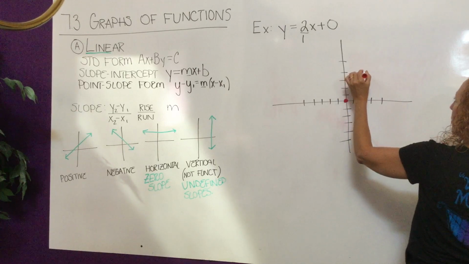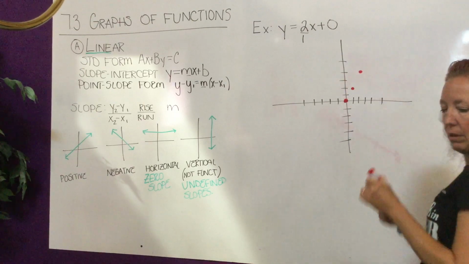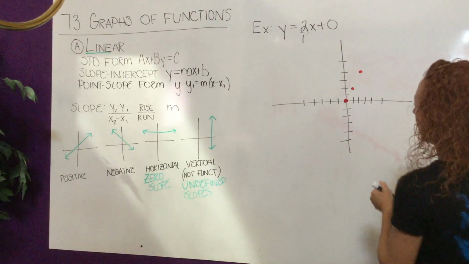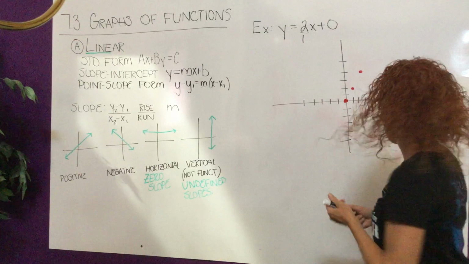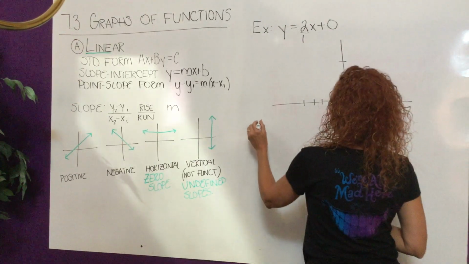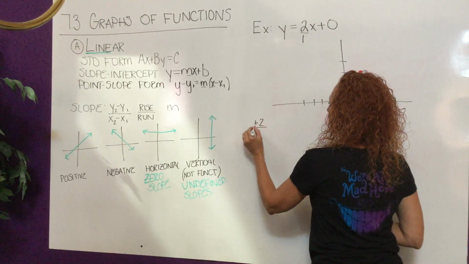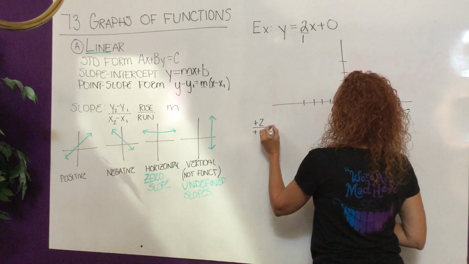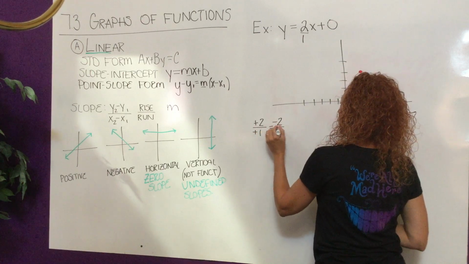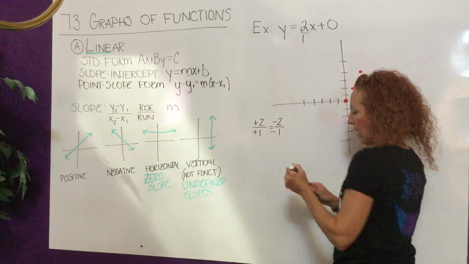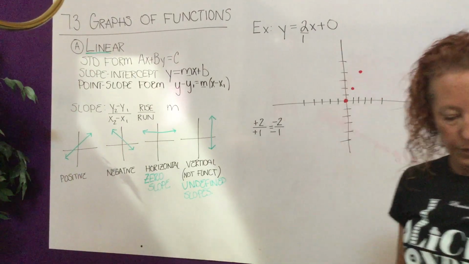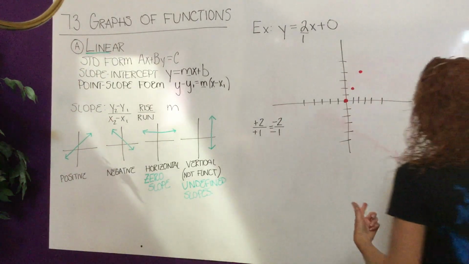Up 2, right 1. Keep in mind, I didn't elaborate on the last example, but a positive 2 over a positive 1 is the same thing as a negative 2 over a negative 1, because of course two negatives make a positive.